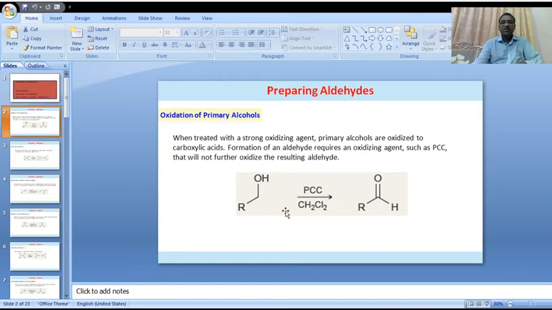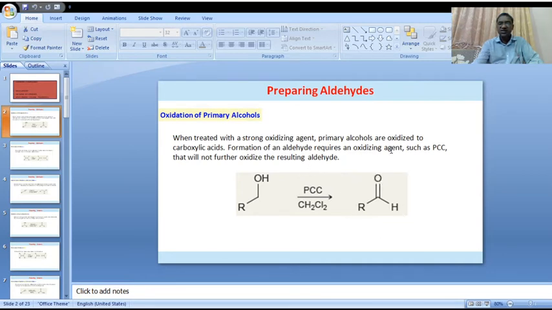In the presence of this suitable oxidizing agent PCC, in dichloromethane, it turns into an aldehyde. In the presence of PCC, the reaction will not further oxidize the resulting aldehyde.